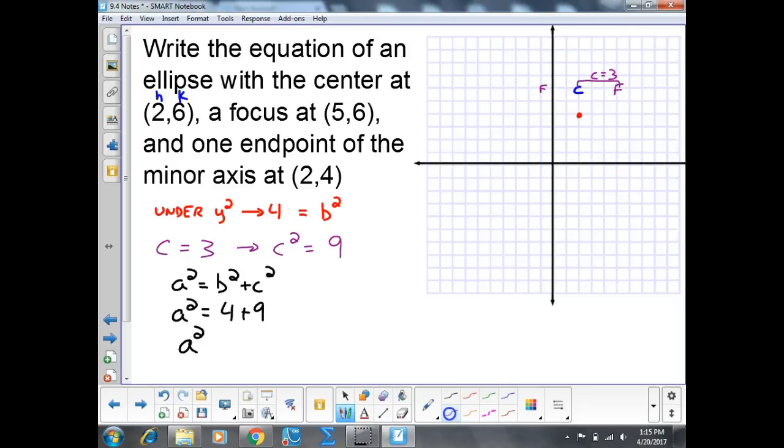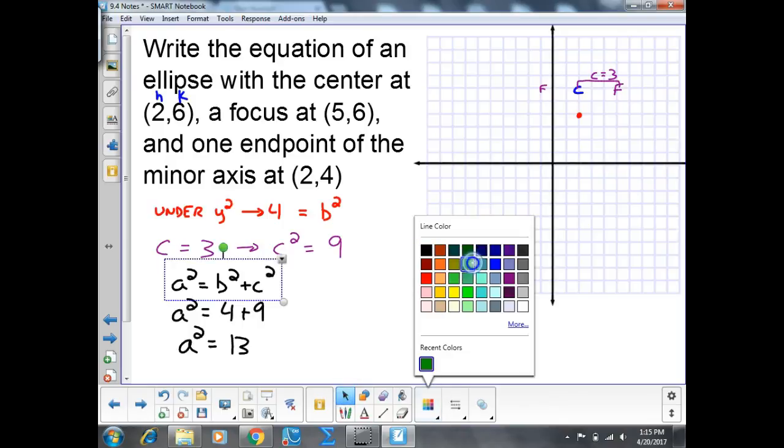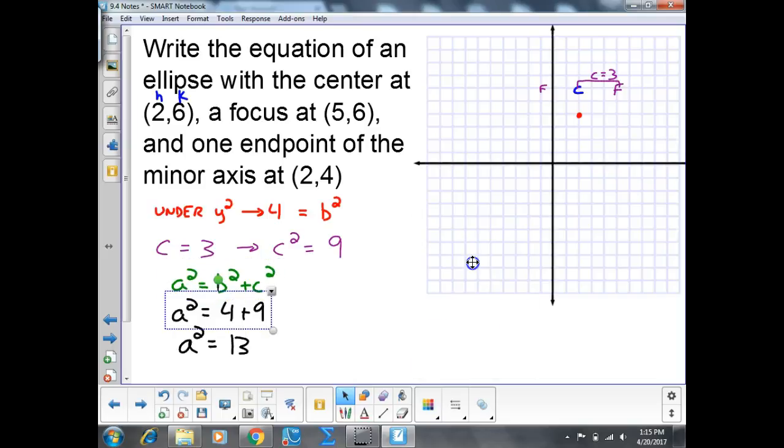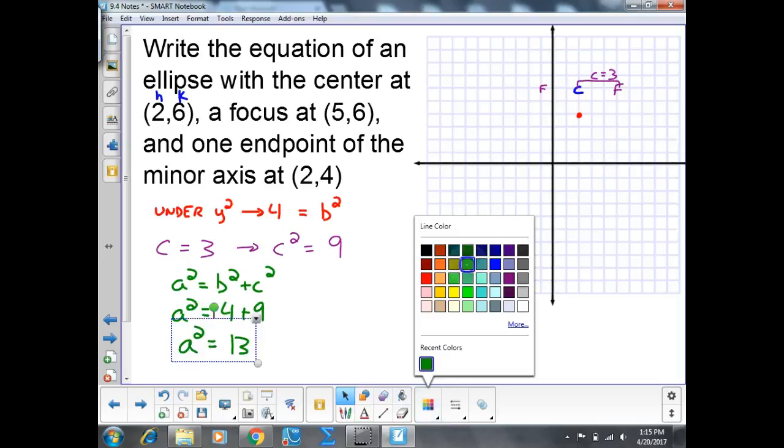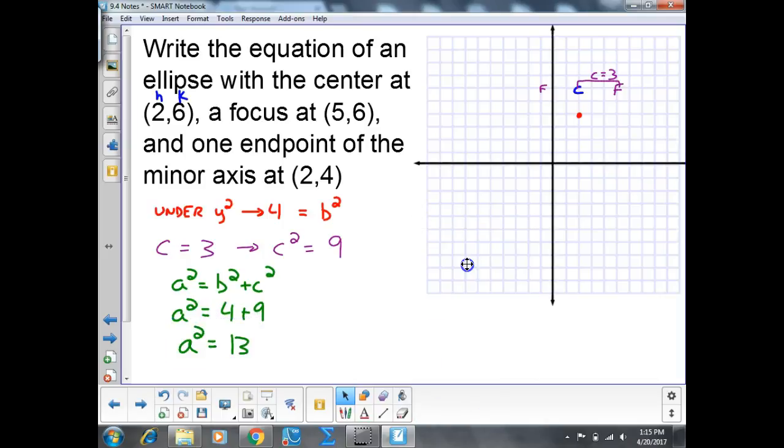So a squared is 13. Okay. Do we have everything that we need now?